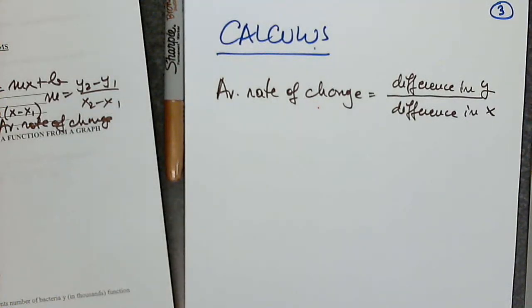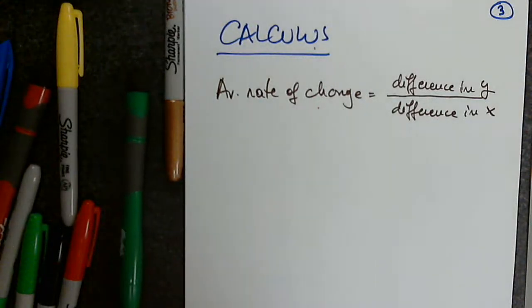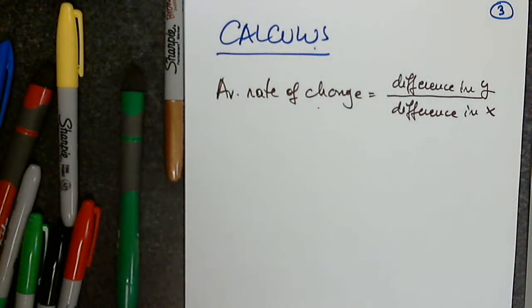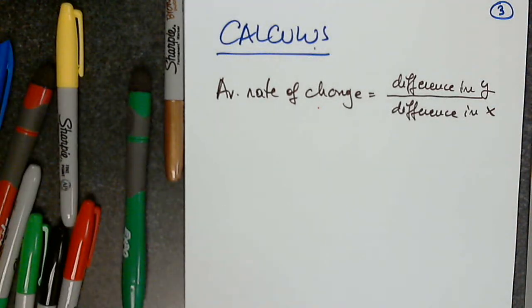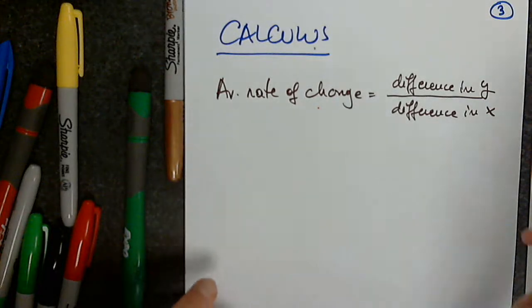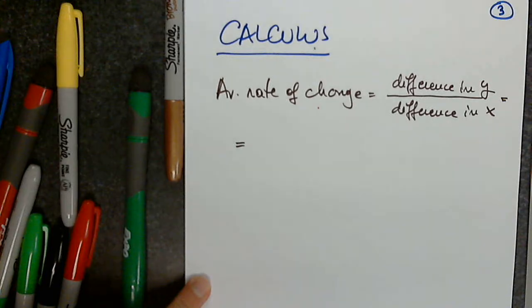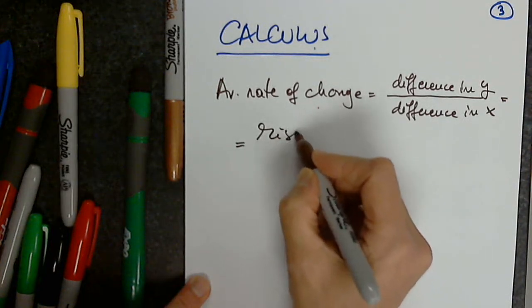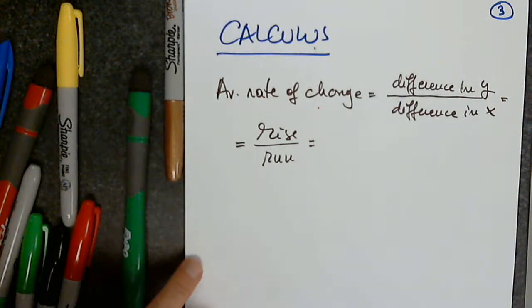You saw in this short video the huge difference between algebra and calculus, and the huge difference between geometry and calculus. Okay. By the difference in y over the difference in x, of course, we mean rise over run. How do I determine the rise?